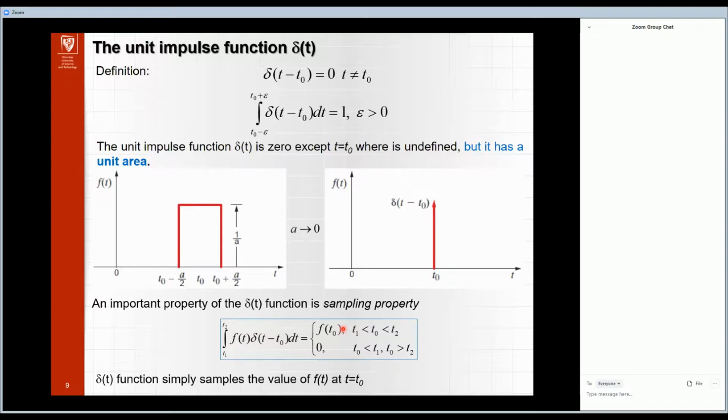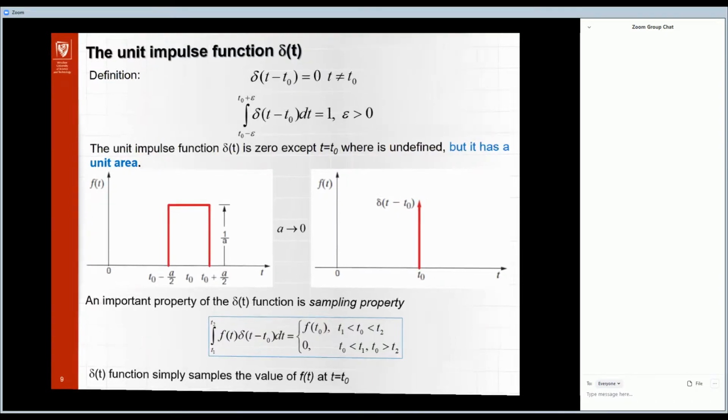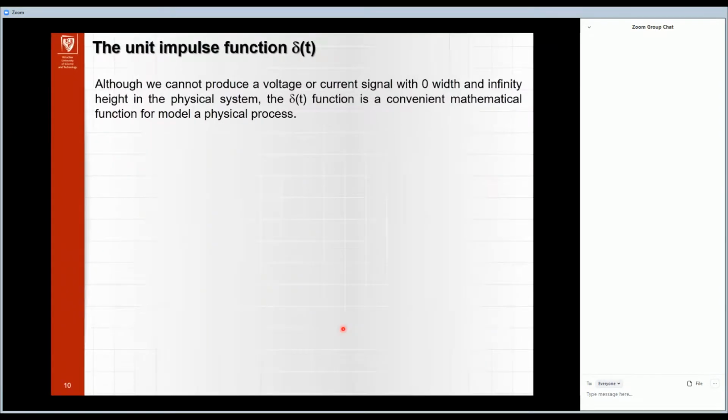So it is an important property, and the delta t function simply samples the value of f(t) at this moment t equal to t0. Okay, but someone can ask why we need such a sparse function, because it is not practical.